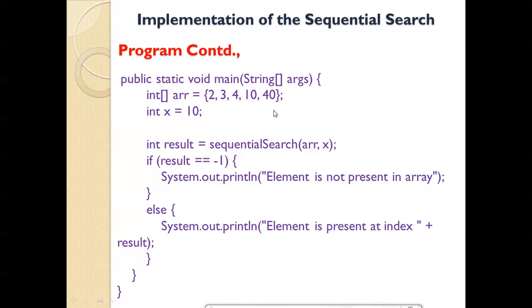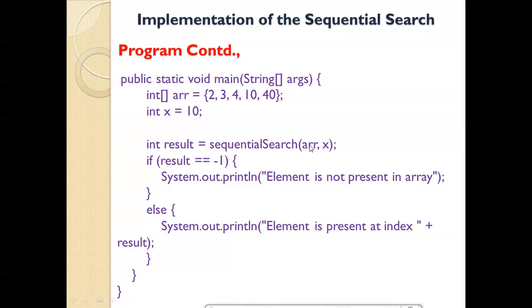I create one variable, the name is X. That is also the same data type, integer. So I store the value 10 into the X variable, and then integer result equals sequential search. Here the function call represents the sequential search.